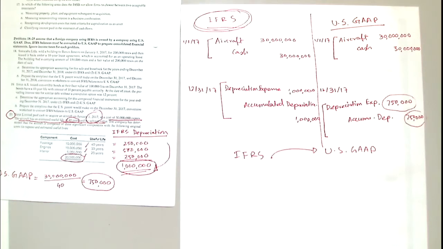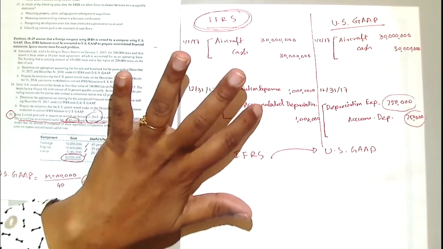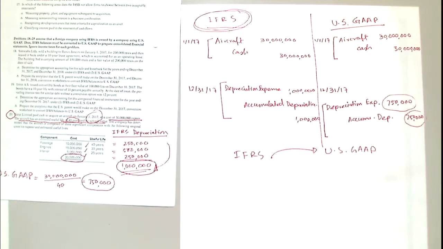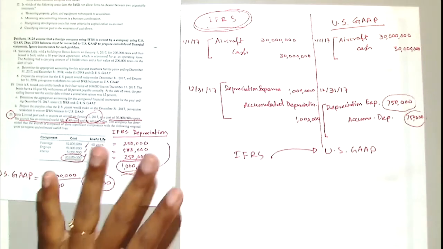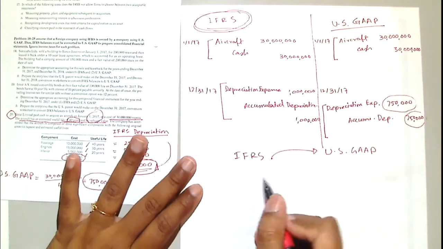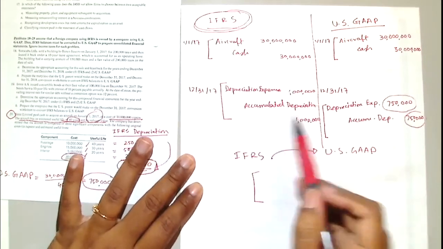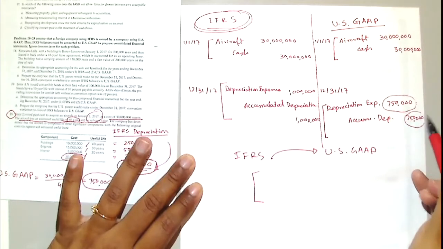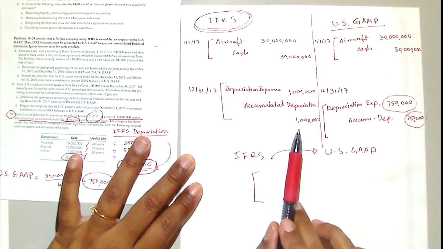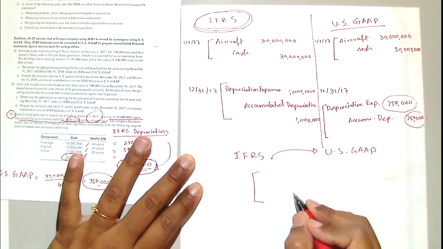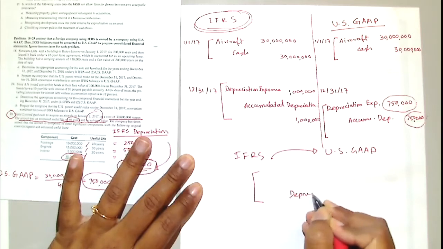That means if we need to convert it from IFRS to GAAP, we need to reduce our depreciation. It is overstated as per IFRS, we need to reduce it. So reduce means we will do the opposite things. That means we will credit depreciation because our goal is to show this number, 750. Currently it's 250 higher. So we're going to credit depreciation expense.